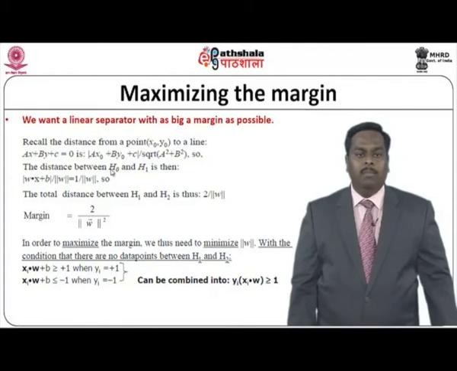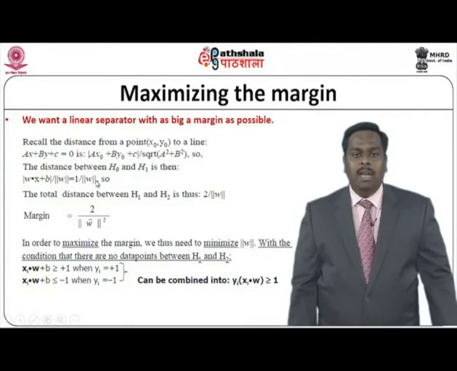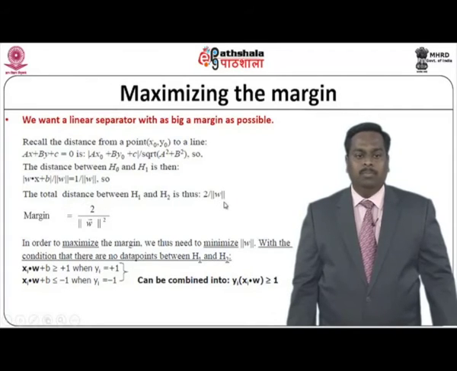So, we will have another 1 by norm W. When we add these two, we end up with the total distance between the two boundaries, h1 and h2. So, it is equal to 1 divided by norm W plus 1 divided by norm W, which is equal to 2 divided by norm W.